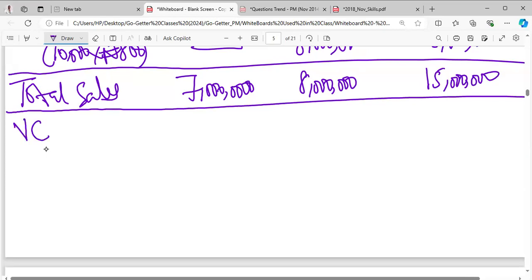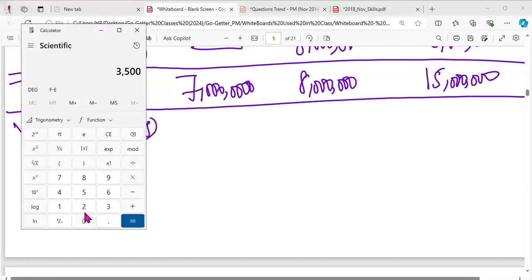Variable costs. The first one is 35,000 at 105. That will give us 3,675.